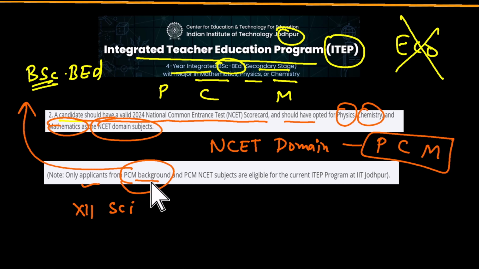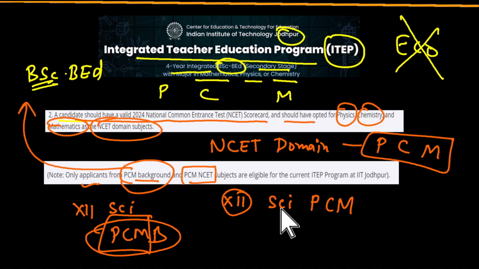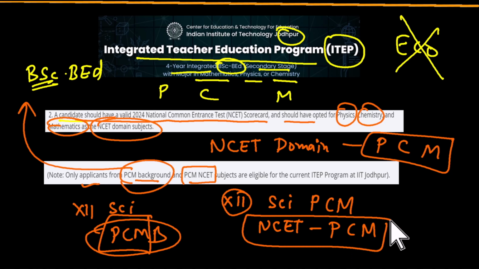Okay, PCM background. PCMB also will be no problem, okay, because it has PCM, right? And PCM in NCET. So clearly they are mentioning you should be a 12th science student with physics, chemistry, maths in your class 12. And in NCET also you select only physics, chemistry and maths as your domain subject, nothing else. Is this point clear?